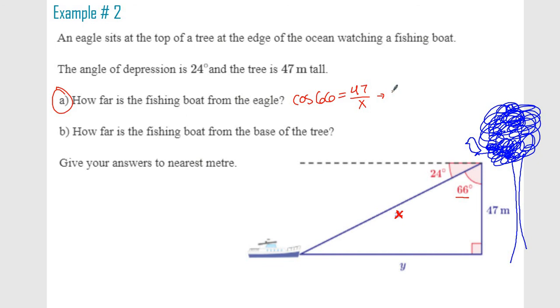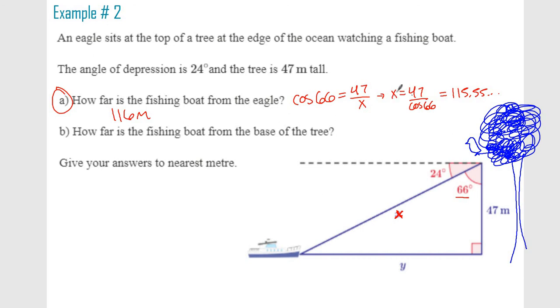So all we have to do is 47 divided by cosine of 66, and we get 115.55... If we did 3 sig figs, it would be 116 meters.